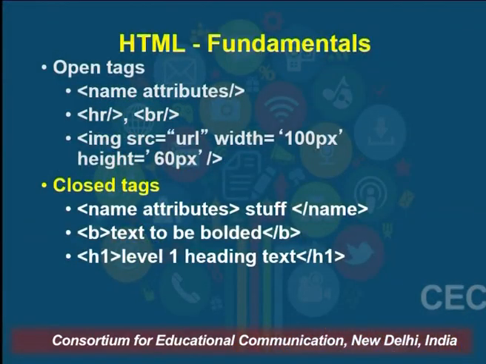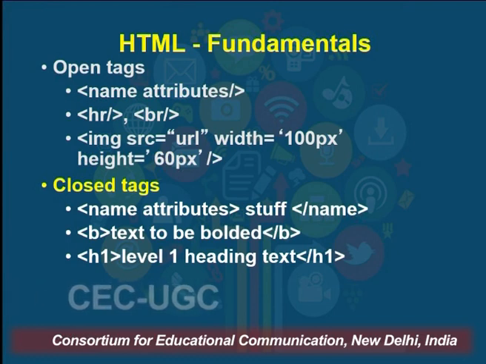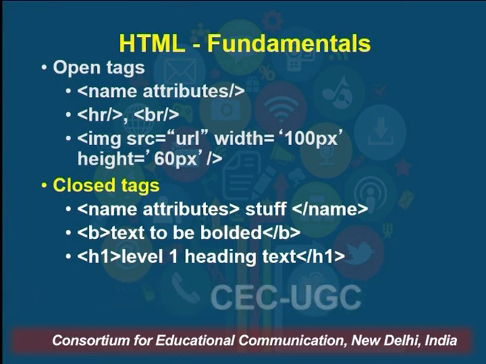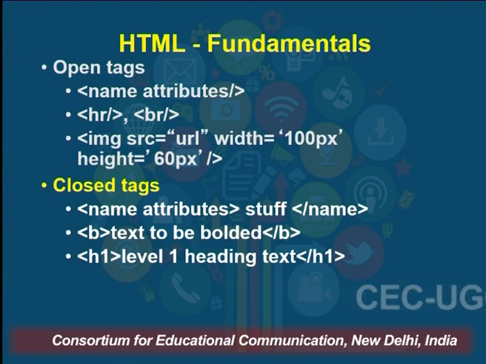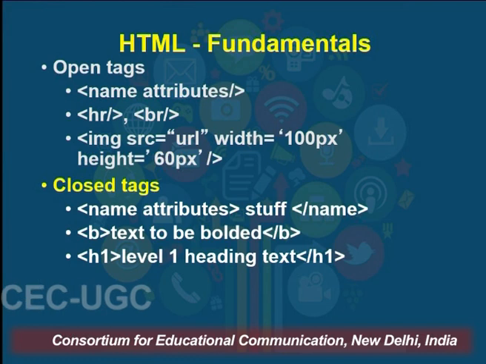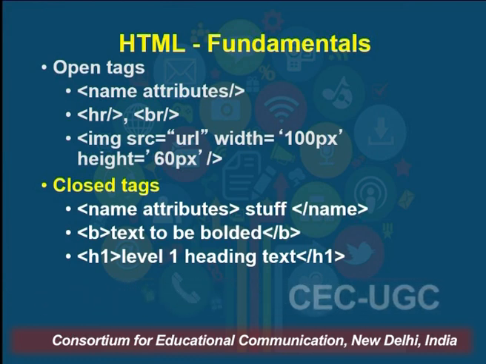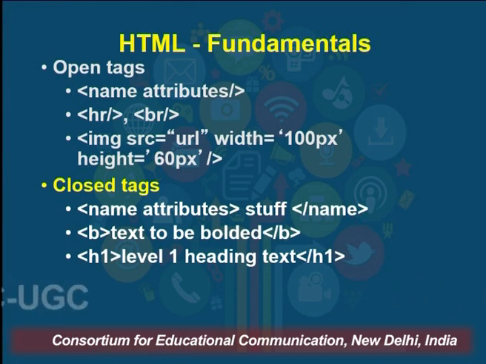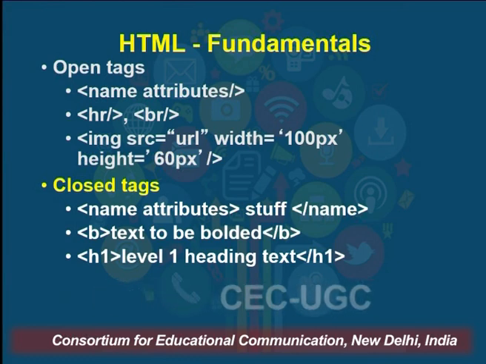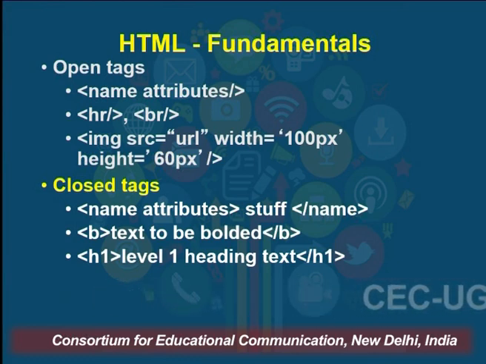Then you have some tags which have corresponding closing tags. Those tags are known as close tags, or we sometimes also use the word container tags for them. So open tags can be called empty tags, and the tags which have a corresponding closing tag are known as container tags, because they will contain the element, or they will contain the data on which the effect of the tag is to be seen, right?